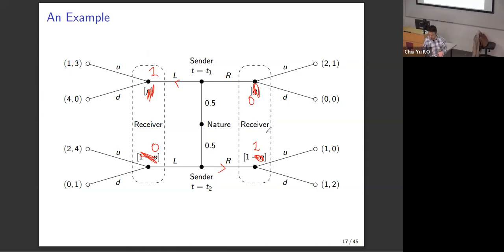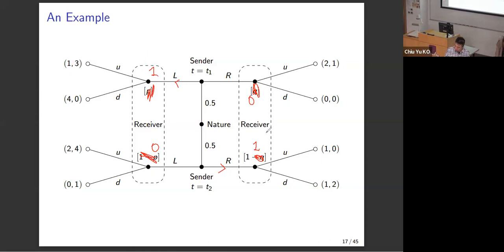If you know the outcome, you know player type 1 will send L, player 2 would send R. Then when you see left, you will think it's the upper one. You send right, you know it's type 2. Is that clear for this one? Is that okay? It's the Bayes updating. You just say your belief will be reasonable. Suppose this game is played many times.